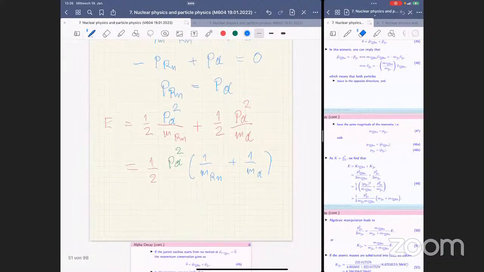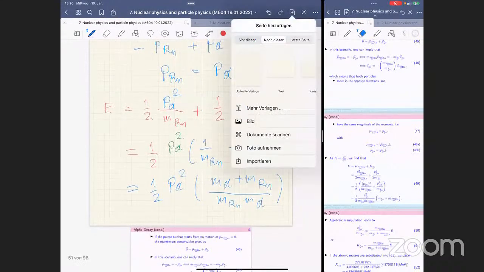Of course, you can make the summation of these two fractions by making the common term, and you would get 1/2 p alpha squared times m alpha plus m radon divided by mass of radon and mass of alpha, as a product to that. It's not finished yet.